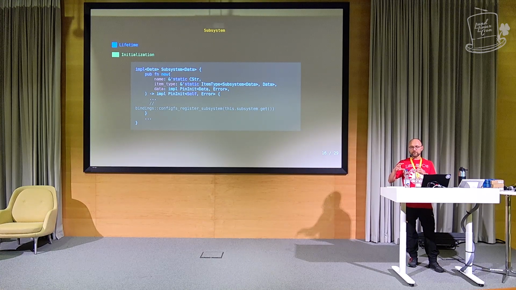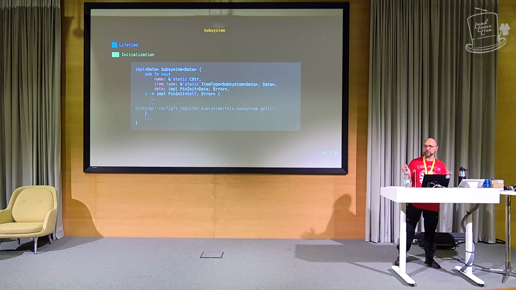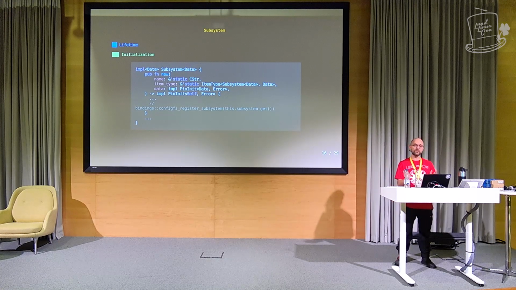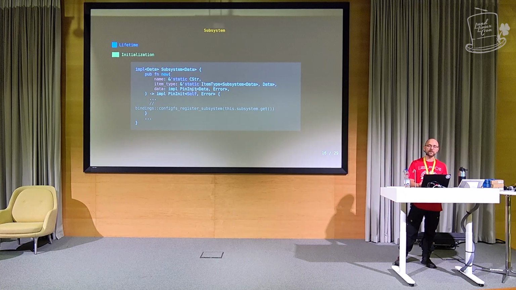Also, when you just allocate a linked list, it's actually not valid in C, and that might be fine, but in Rust, when you allocate a data structure, it has to be valid because of the memory safety guarantees we have. Therefore, we have this PinInit type here, which is an initializer that will give you back a reference to the thing that you're building only after it has become valid.